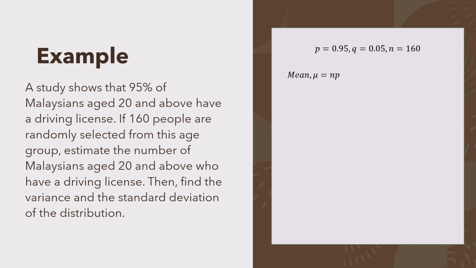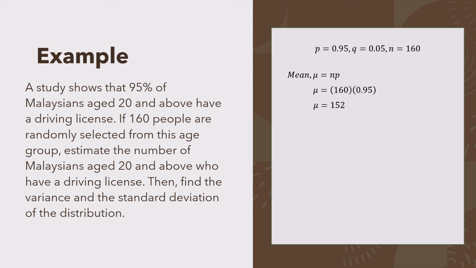Using the formula mu equals np, where n is your number of trials, which is 160, and the probability of success is 0.95, just multiply these two and you will get the mean, 152. That means the estimated number of Malaysians who have a driving license from 160 people is 152.